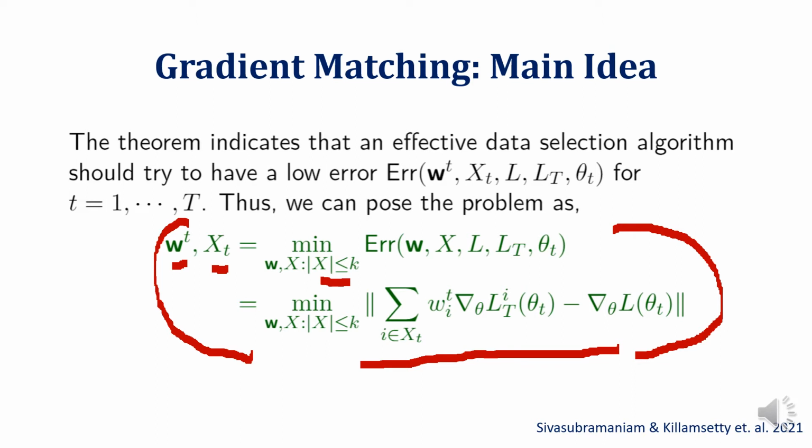So this is another way we can now pose the problem: given a cardinality constraint on the subset X, try and estimate the parameters WT and also identify the subset XT such that the difference of the weighted sum of the gradients on the subset from the gradient on the entire set L is as low as possible.